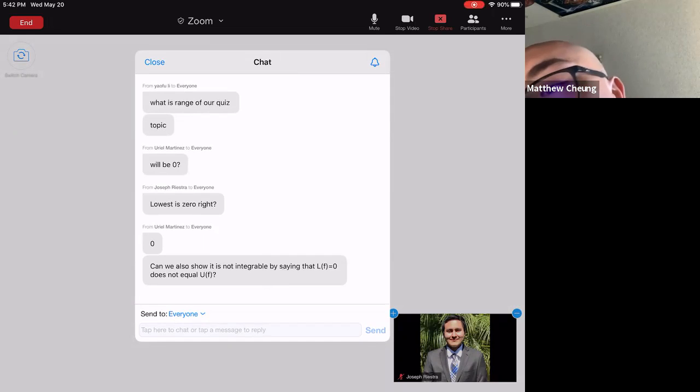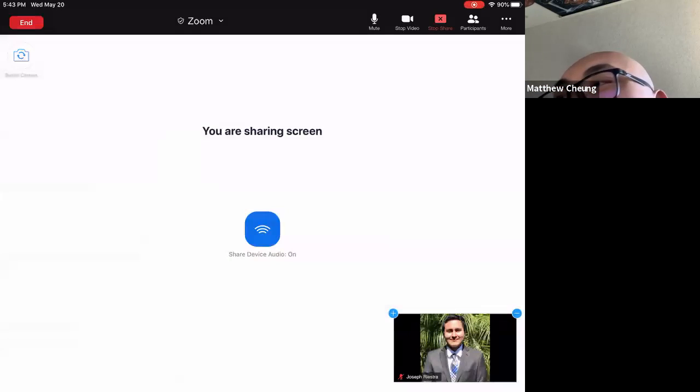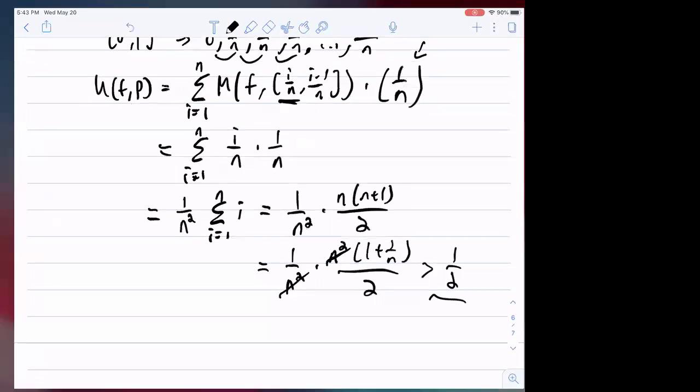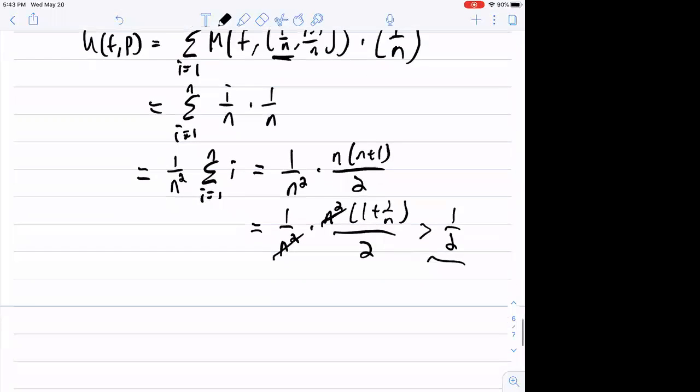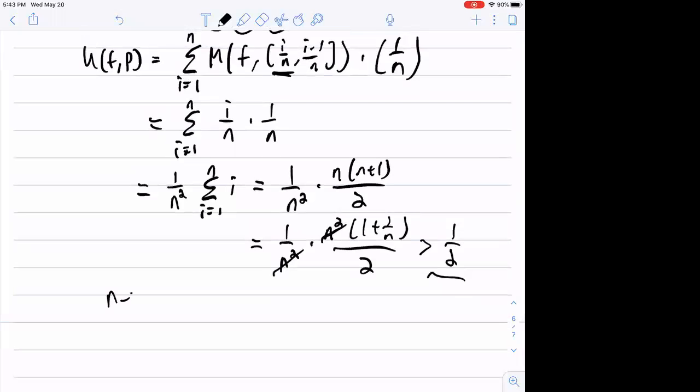So it's going to be hard to compute U of F. That's the thing. I actually feel the book assumed it was an easy task, but it's actually not. What you're going to see is that U of Fp, if you take n to infinity, is going to go to a half.